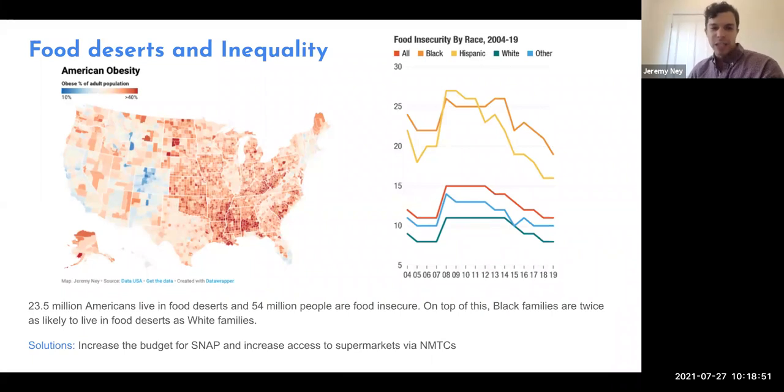Because if you look at that chart on the left around American obesity, so many of the food options there are McDonald's and Waffle House and things like that, so unhealthy food options. And here we really want to make sure that we're providing tax credits to the types of healthier food options for families to get access to.